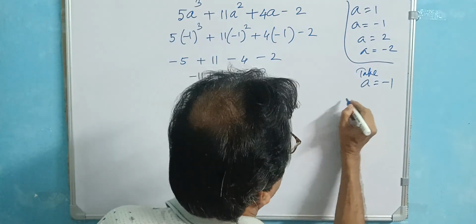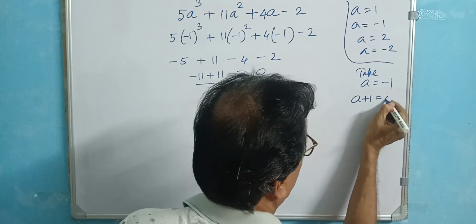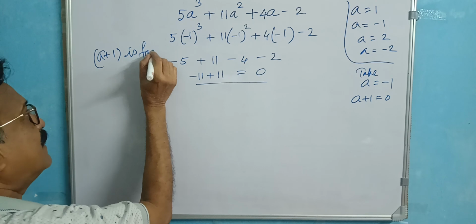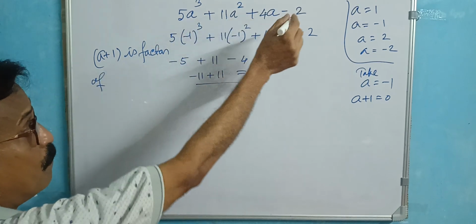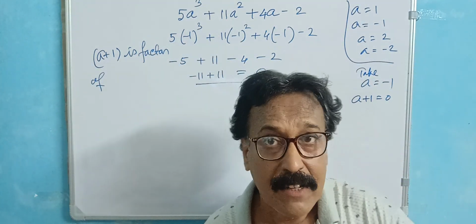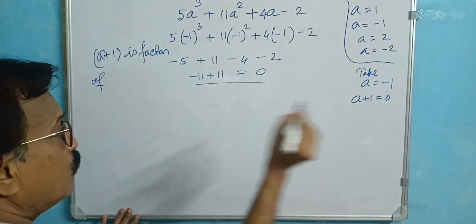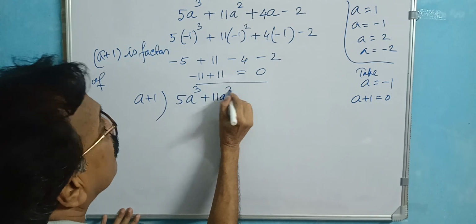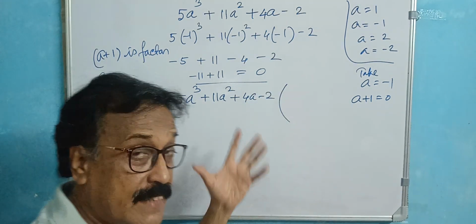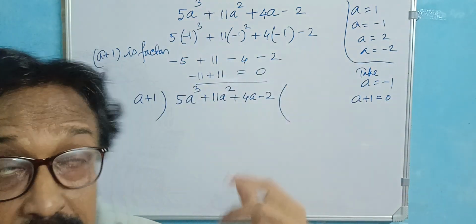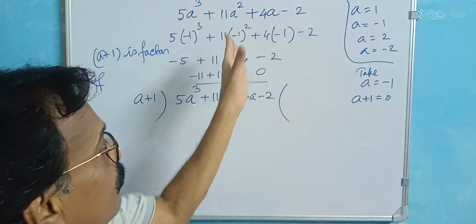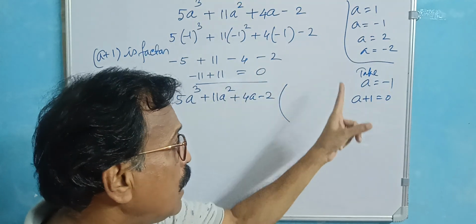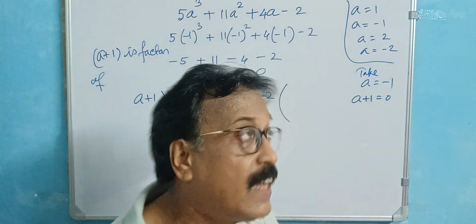Now a is equal to minus 1, so a plus 1 is equal to 0. That means a plus 1 is a factor of the above expression. Now you just divide this, and the other factors will come. So divide 5a cube plus 11a square plus 4a minus 2 by a plus 1. That is very important, try to understand this part. This is called the trial factor. Which value do I put to get 0? Putting a is equal to minus 1, that is 0. So a plus 1 is a factor of this algebraic expression.